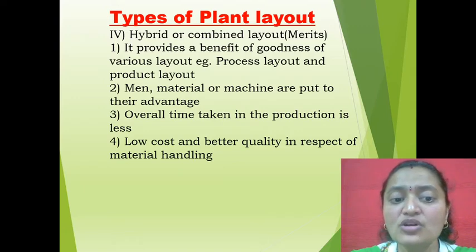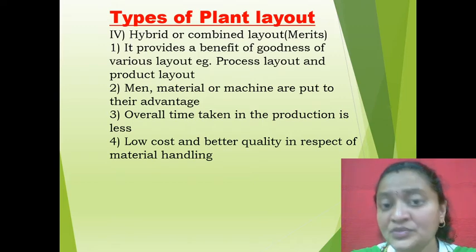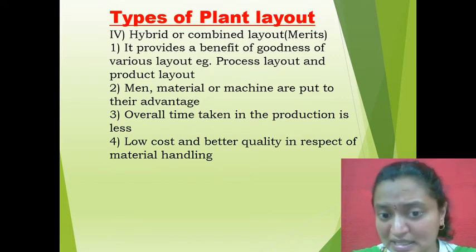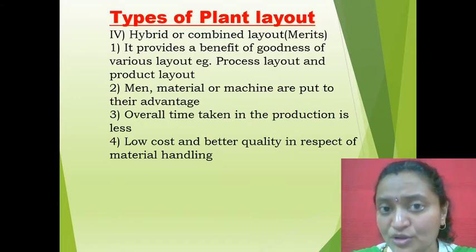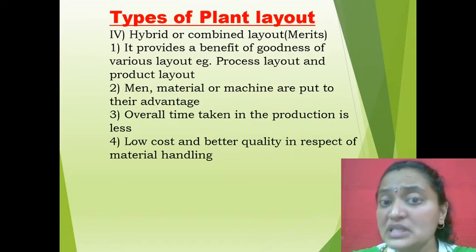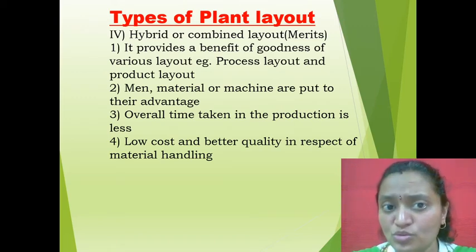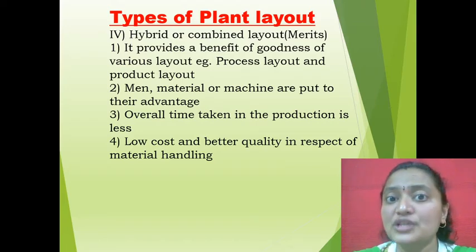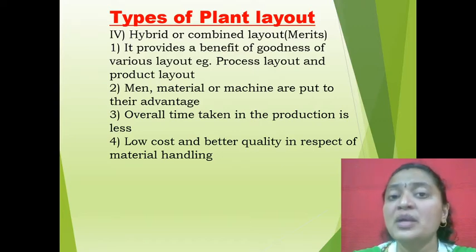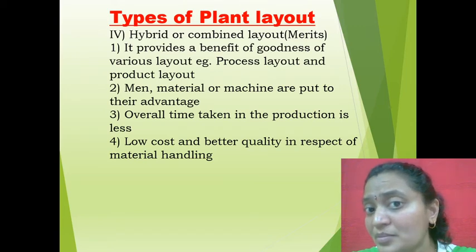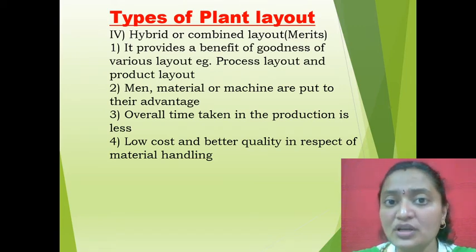The next one is what? Low cost and better quality in respect of material handling. So the cost is less, and plus better quality products also need to be provided. Because only manufacturing that particular product is of no use. After that, they should also consider whether the product is of good quality or not, and not only quality, they should also see the price or cost of that product.